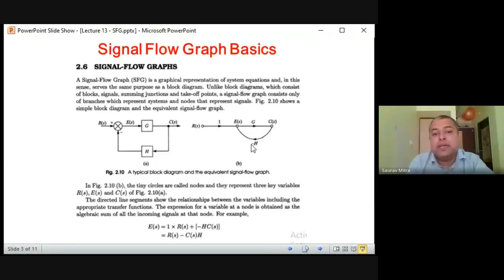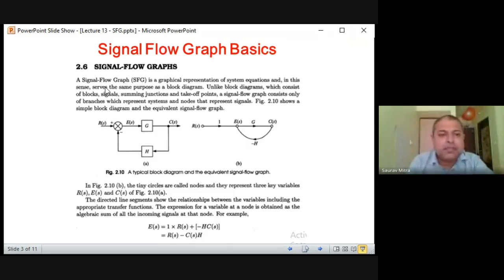So that's why you can say that this is minus H. Because in signal flow graph there is nothing called a summing point or something. They are called nodes. So here in place of E(s) you cannot write plus or minus as you had been writing in case of summing point. So directly in the feedback element only you have to represent what is the feedback. So this is minus H means this is a reverse feedback path.